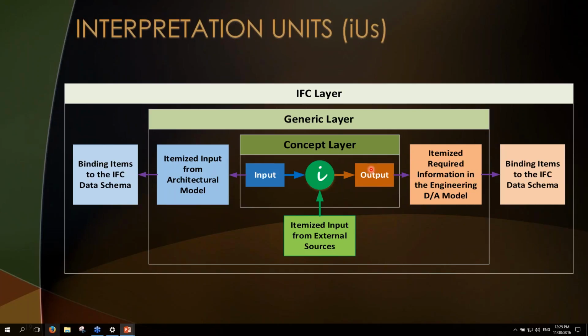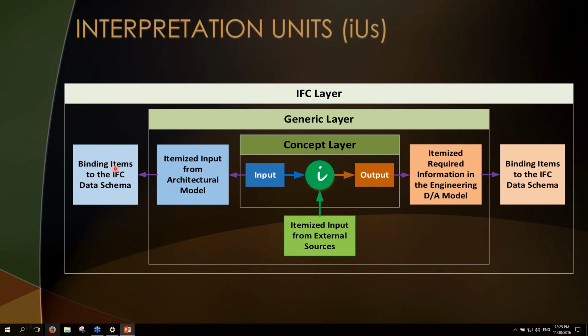Just a very simple definition. And then in the generic layer, we define what information is required to be input to this interpretation unit, and what information is going to be the output of this interpretation. And then in the IFC layer, we define how these input and output information are represented in IFC format.